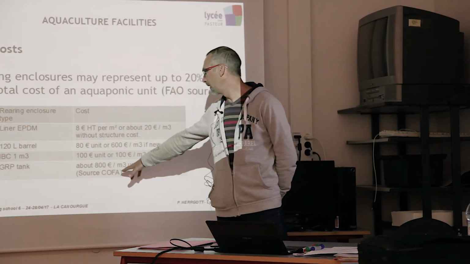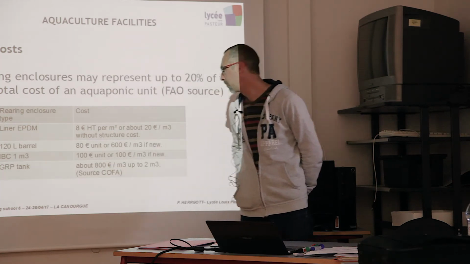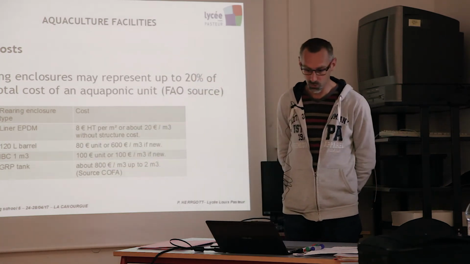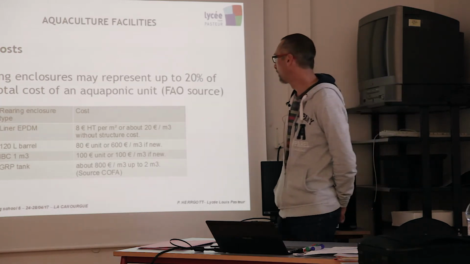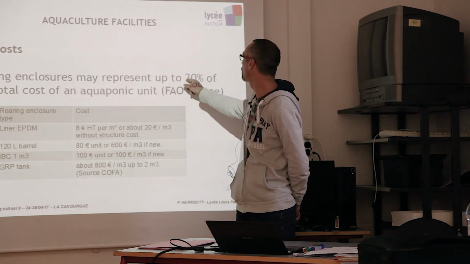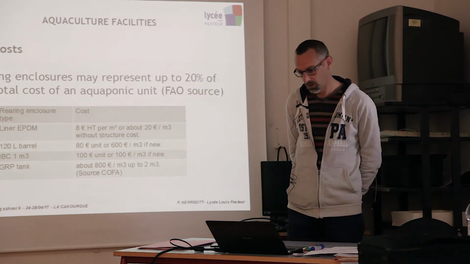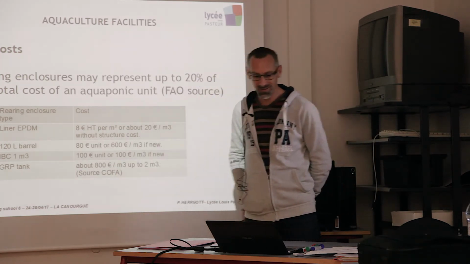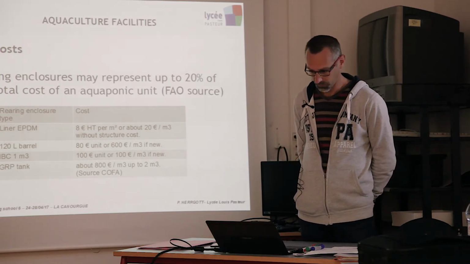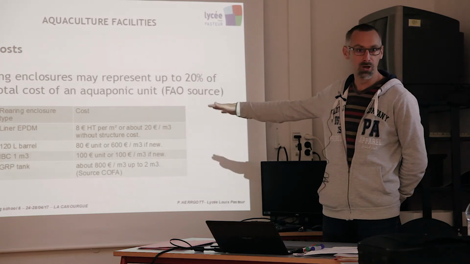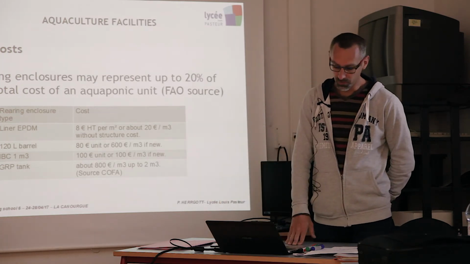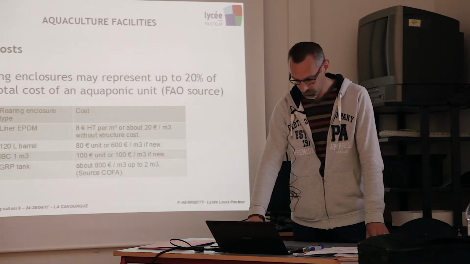This can be useful for you for 1 cubic meter. GRP are well used. Here you can give significance to this 20% because it can go very fast when you buy new GRP tanks. These costs are in French. We have the COFA. We have some costs we find easily.